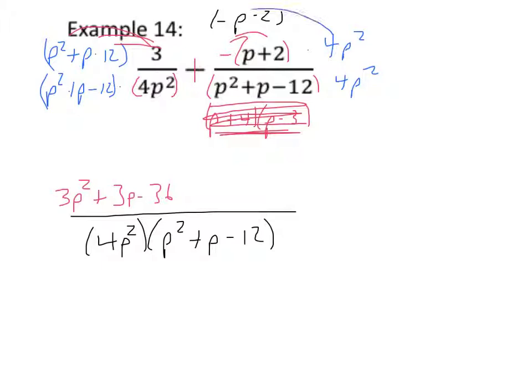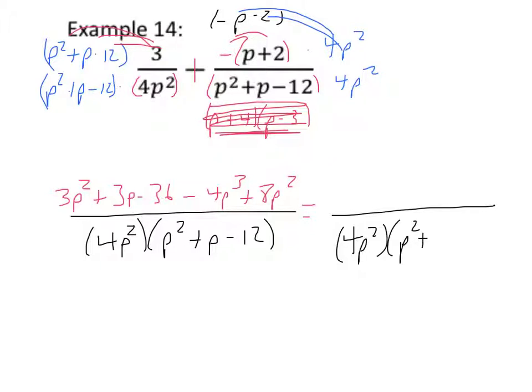So we're going to take that times those two numbers, and we get negative 4p cubed plus 8p squared. We have some like terms here. It'll still be all over 4p squared.